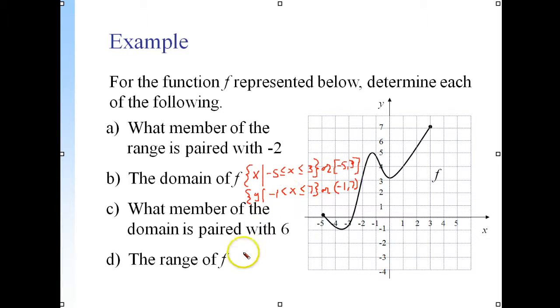And then the range over here is -1 is less than y because there isn't a solid dot there, it doesn't quite meet the axis, but definitely the 7 is included, so it is less than or equal to 7. So 7 is included, that's why 7 has a bracket here in our interval notation.